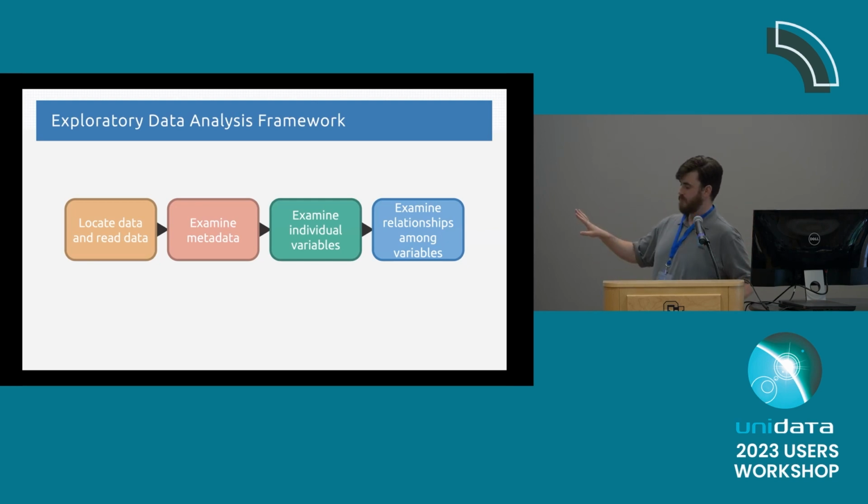And one more time to step through it, we want to get our data, find it, locate it. We want to examine the metadata about our data set, either contained within the file itself or found somewhere else out on the internet. Take a look at the variables available to us, what they look like, and then finally start to explore how those variables relate to each other.